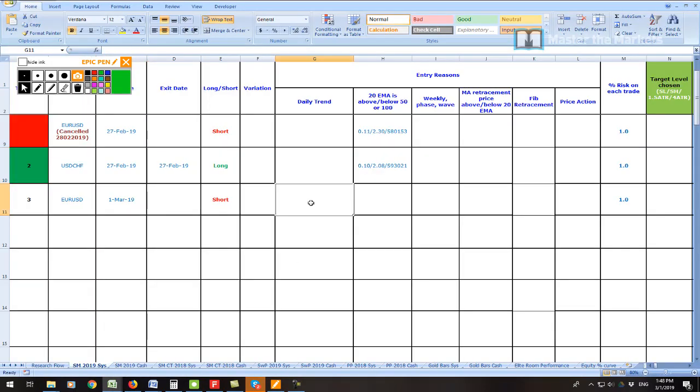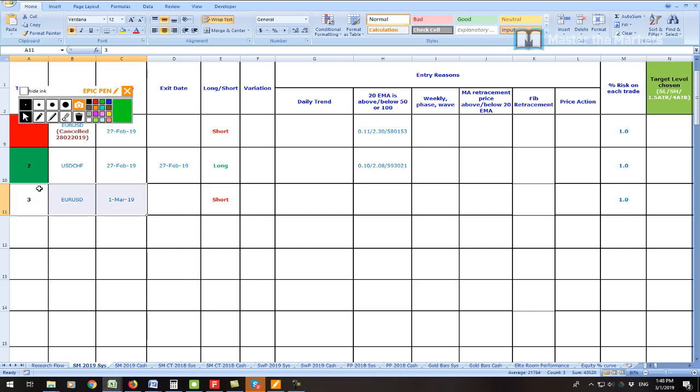Now, in terms of euro dollar, yes, we have a live trade at the moment. It's been triggered into the trade, and we are short on it as well after an outsider seller bar yesterday on euro dollar.